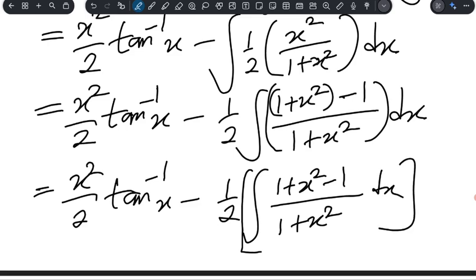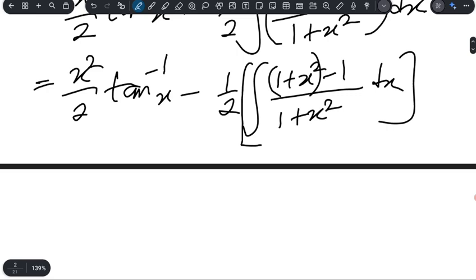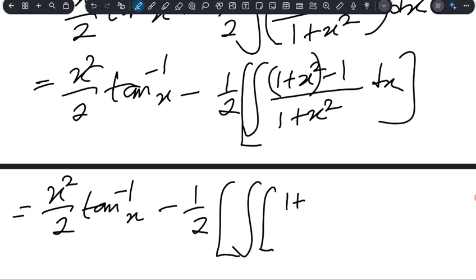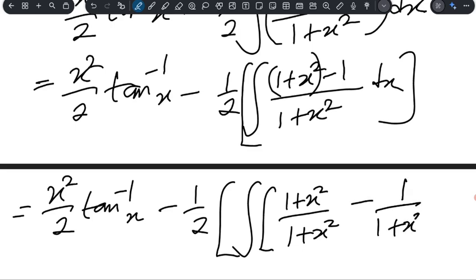What we need to do here is make the denominator divide each term. So we have x squared over 2 times arctan x minus 1 over 2 times the integral of, you open a bracket, 1 plus x squared over 1 plus x squared minus 1 over 1 plus x squared, all total dx.